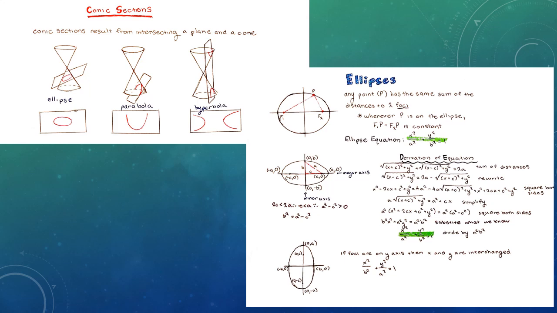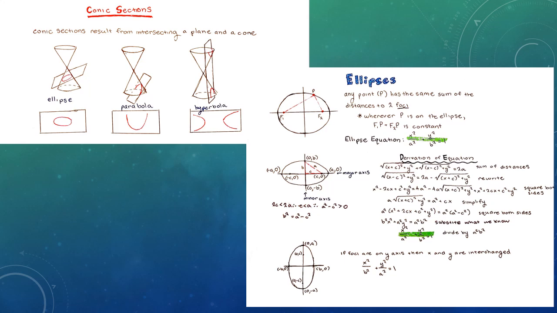Then you rewrite that, square both sides, simplify, and square them again. Since we know that b squared is equal to a squared minus c squared, we can substitute that in and simplify again, which is how we get the final equation, x squared over a squared plus y squared over b squared equals 1.